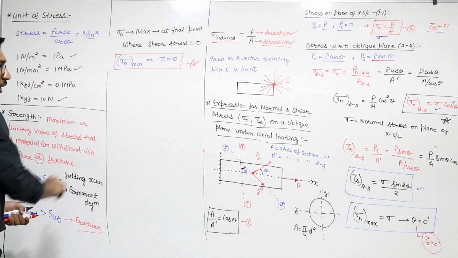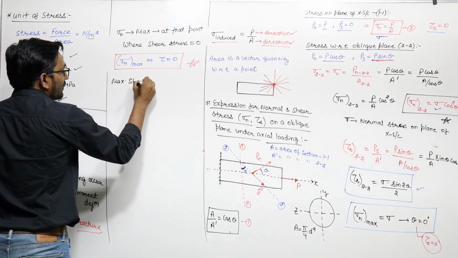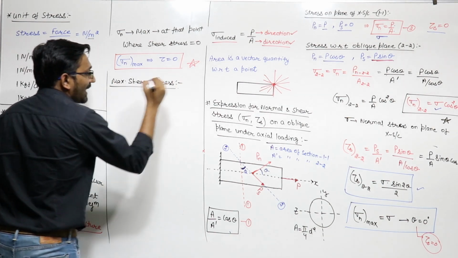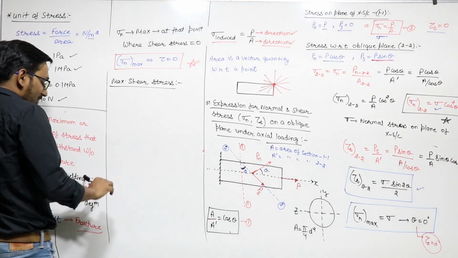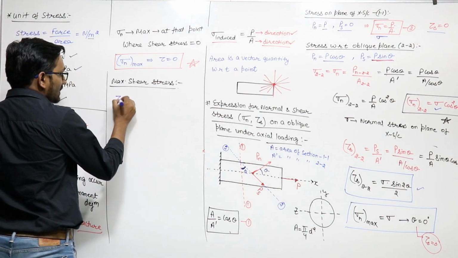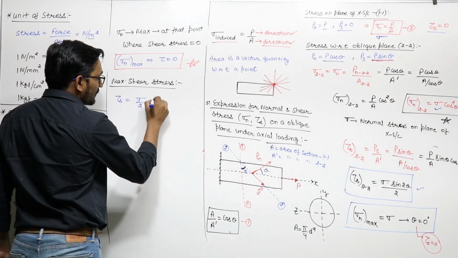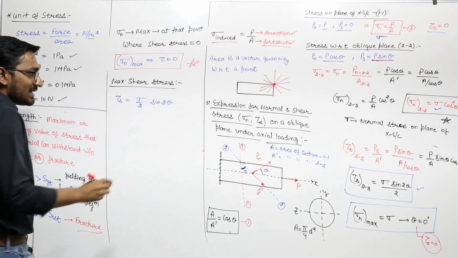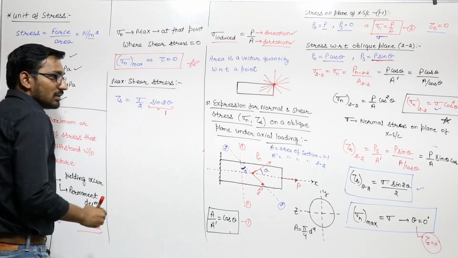If you want to find the maximum shear stress, what is the maximum shear stress? So I can say that the shear stress will be equal to sigma by 2 into sine 2 theta. For maximum, the value of sine 2 theta will be 1.